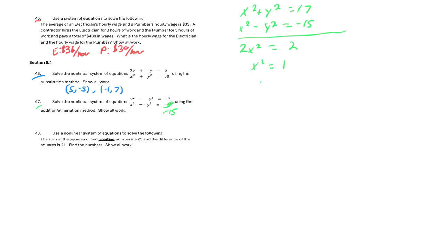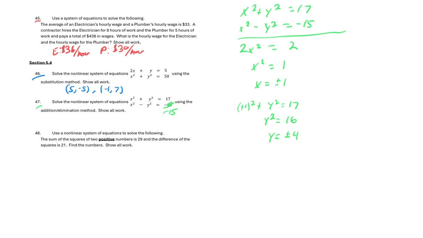X squared is equal to 1. Take the square root of both sides, so we get plus or minus 1. We can then plug that into either one. I'll use the first equation. So whenever we plug in positive 1 squared plus y squared equals 17, we'll get y squared is equal to 16. Y is equal to plus or minus 4.